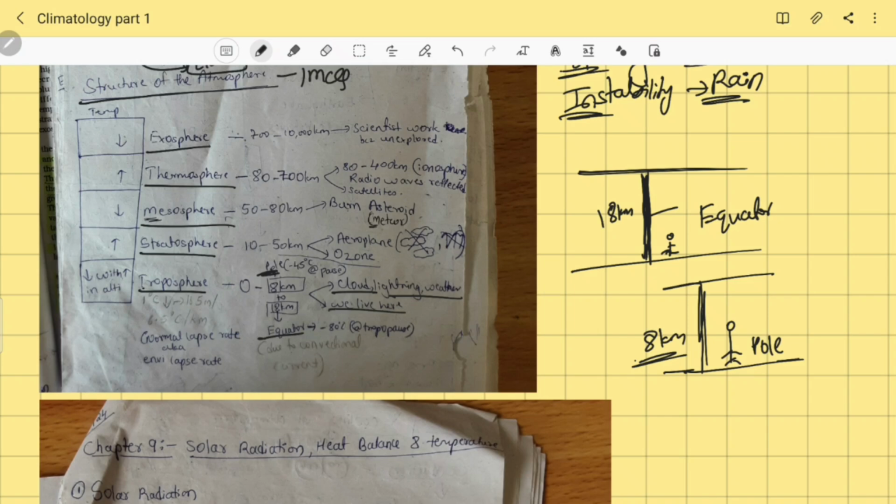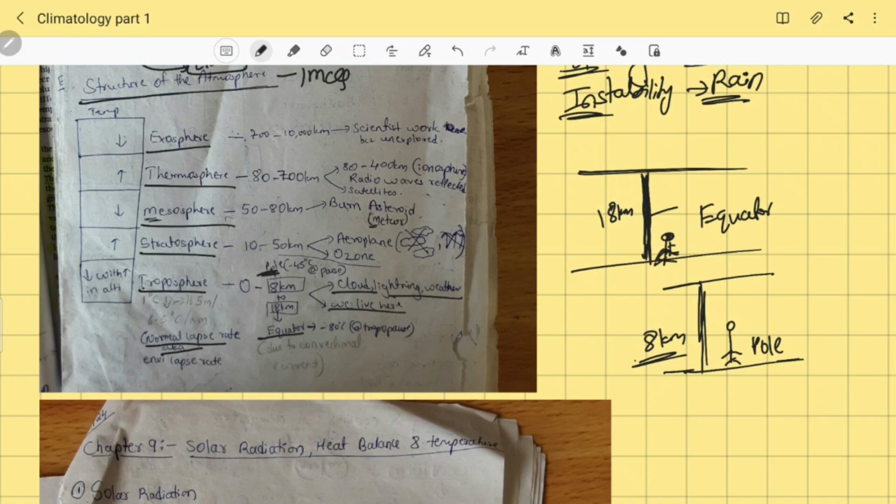Okay, and next what you're supposed to know is one more thing, this word called environmental lapse rate or normal lapse rate. What happens is, say you are on the earth here, right?